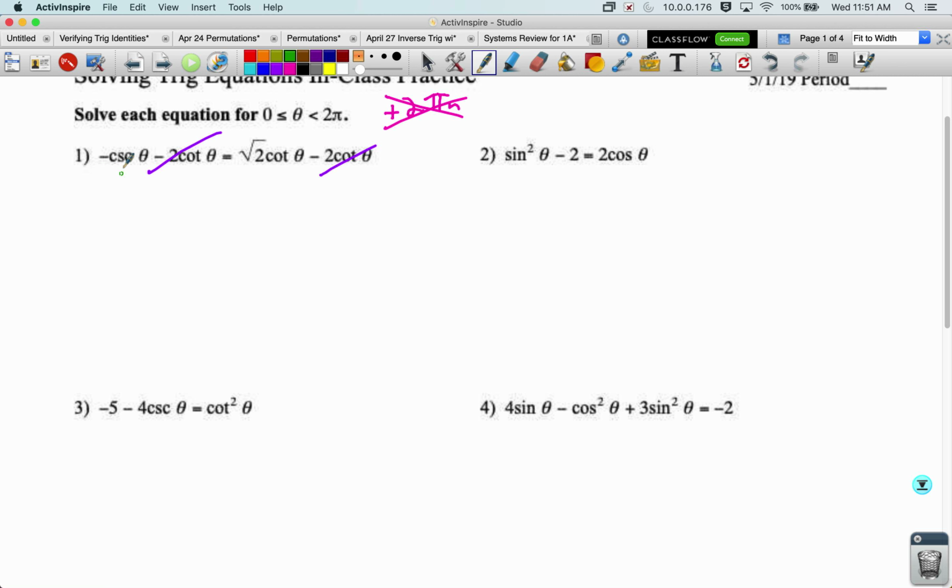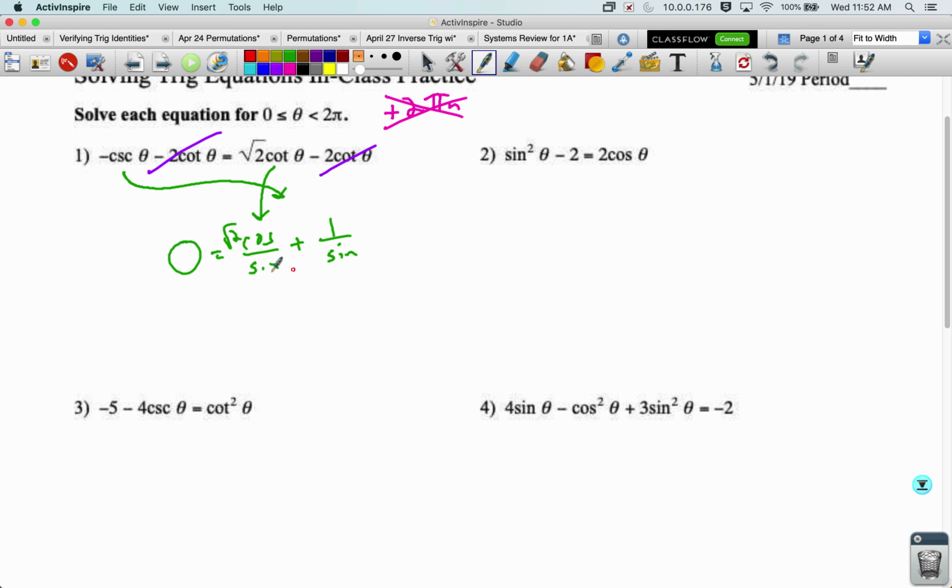So I'm going to move this cosecant to the other side. I'm also going to replace the cotangent with a cosine over sine. After I do all those steps, I've got 0 equals square root of 2 cotangent sine, plus 1 over sine.